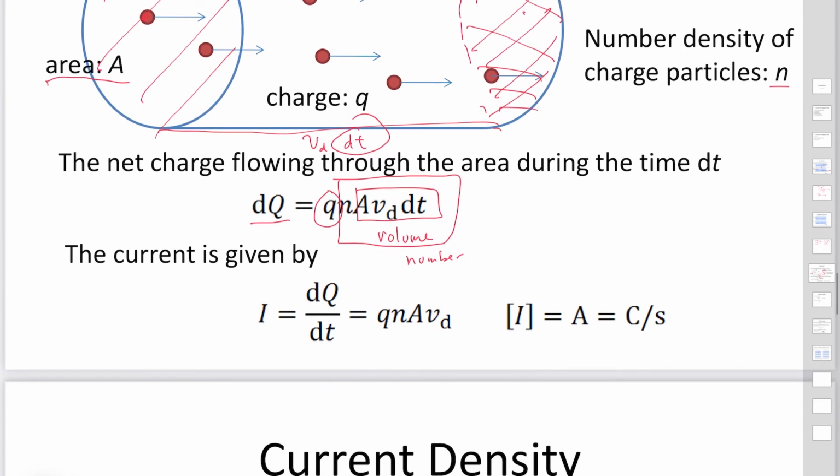The current is expressed as dQ/dt. This is the definition of the current. I is given by n, the number density, times the charge, times the area, times the drift velocity v sub d. The unit of the current is the ampere, which is coulomb per second.